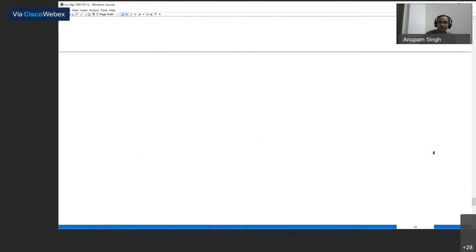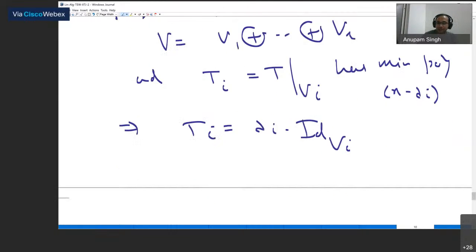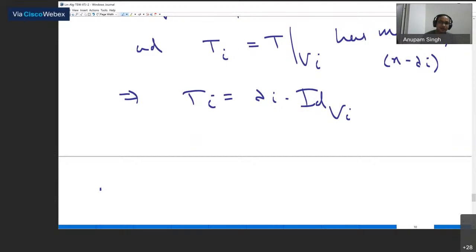This means that Ti is just a scalar multiple. So this means Ti is simply lambda i times the identity on Vi. This is what it means. So this will actually prove the result which we had said earlier, that T is diagonalizable.